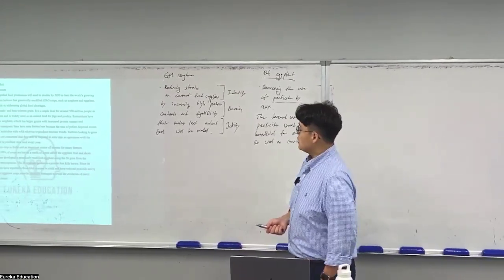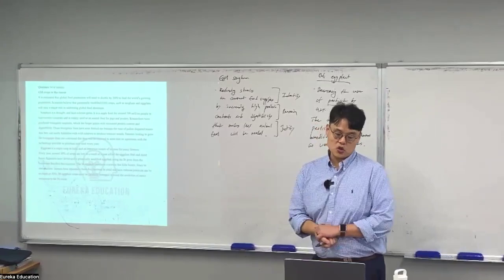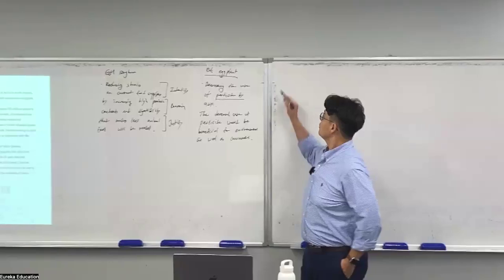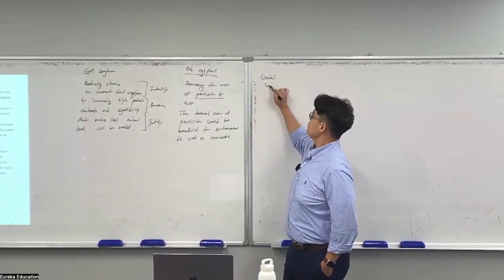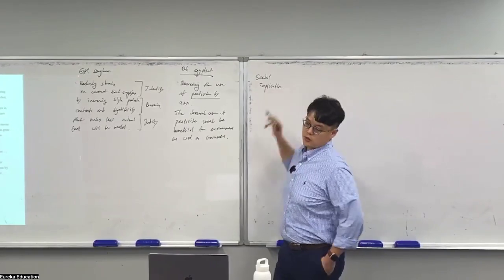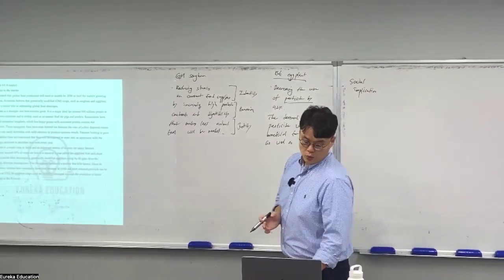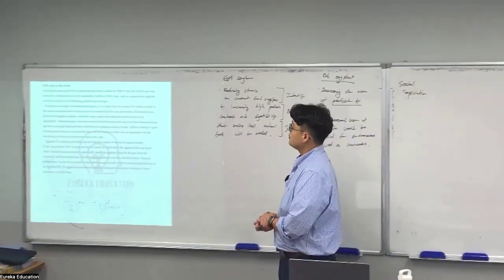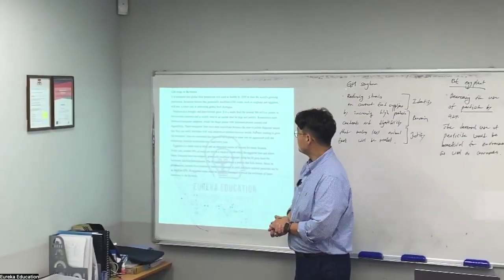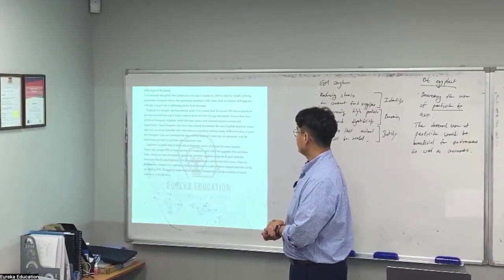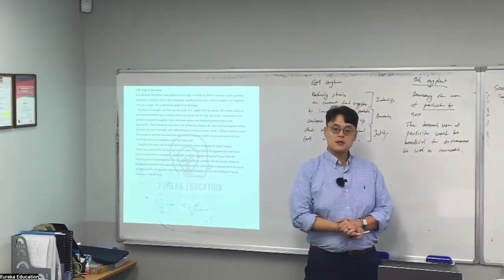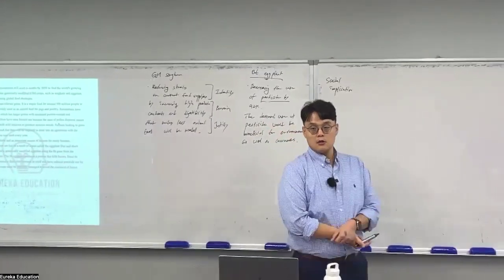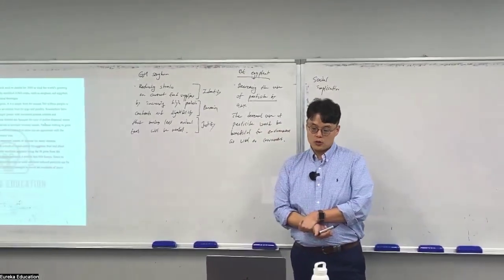What about social implication? What about social implication starting from GM sorghum? What could be a social implication for GM sorghum? Can we talk about some ethical issues of using genetically modified foods, whether that's GM or BT or something else?